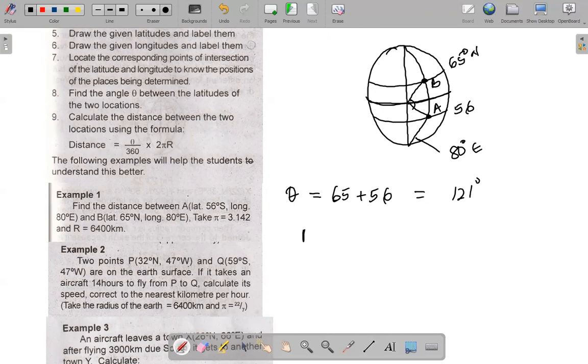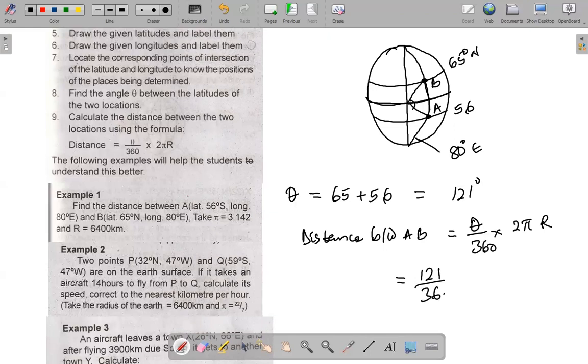Therefore, the distance between AB, which is the length of arc AB, is the length of this arc here. From our knowledge of circles, the length of arc is theta over 360 times 2 pi R, capital R, the radius of the Earth. That will be 121 over 360 times 2 times pi.